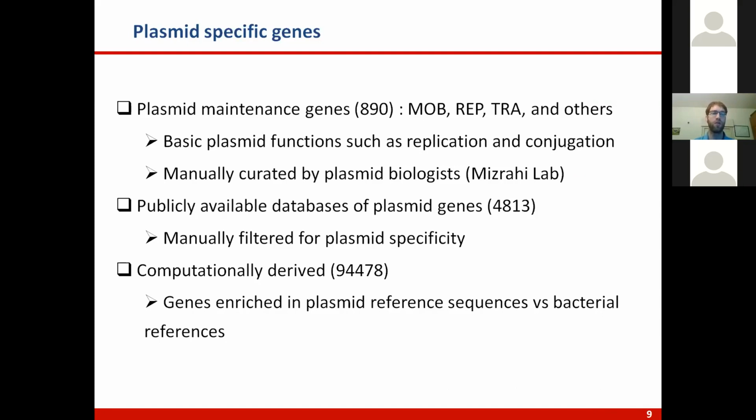In those databases, the genes are annotated with their function, and we've gone over the functions of the genes to select those that are specific to plasmids. Finally, we have almost 95,000 genes, which I identified computationally. I ran gene prediction over a large set of known plasmids, and given the set of genes in those plasmids, I looked for ones which were much more frequent in the plasmids than among bacterial chromosomal references.